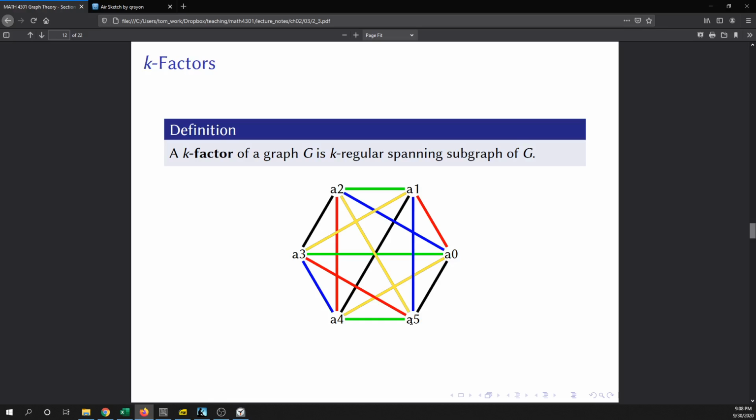So the blue edges and their endpoints form a spanning subgraph of G, and it's 1-regular. The degree in the subgraph is 1. So all of those are 1-factors. What we have here is a decomposition into these 1-factors, induced by that proper edge coloring we talked about in the previous section.